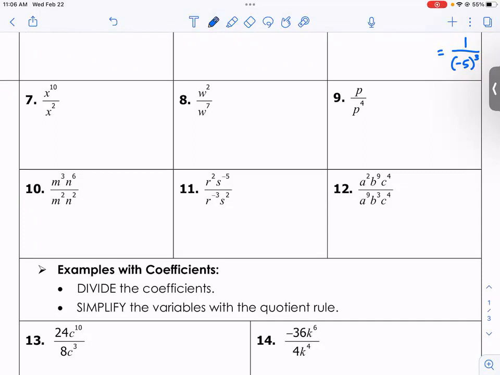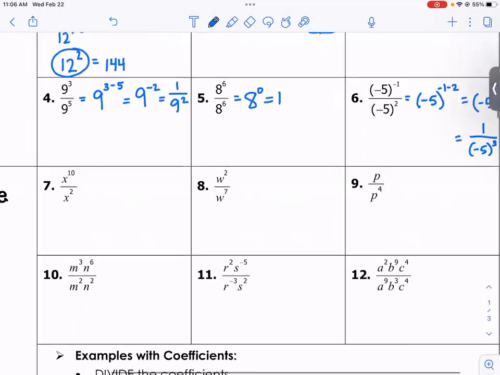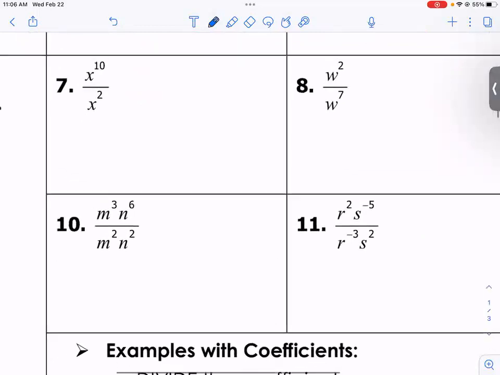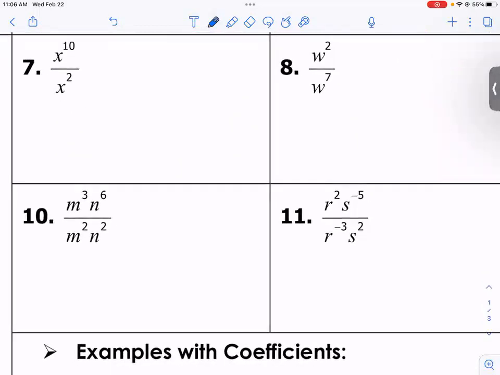Go to where it says 4. And on the big whiteboard, I would like you to complete 7, 8, 10, and 11. So these right here, 7, 8, 10, and 11. I have them zoomed in for you.